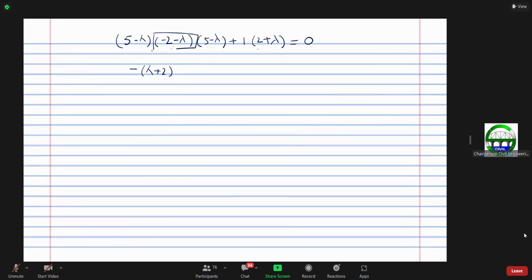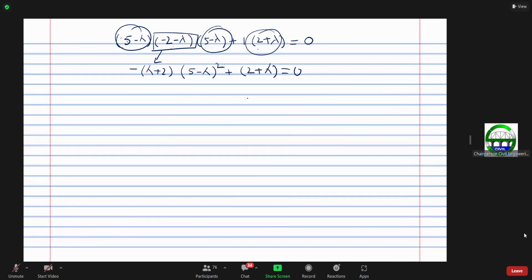This one will come here, and then it will be this factor and this factor. Just multiply these two factors for now. So it will be equal to (5 minus lambda) squared plus (2 plus lambda) equals 0.